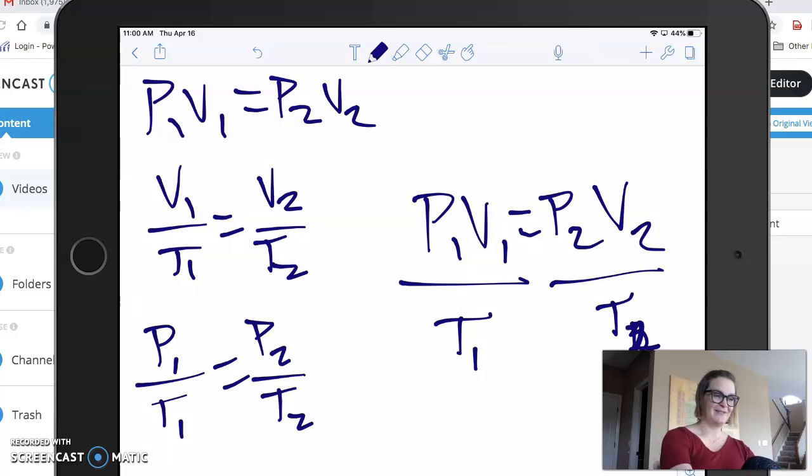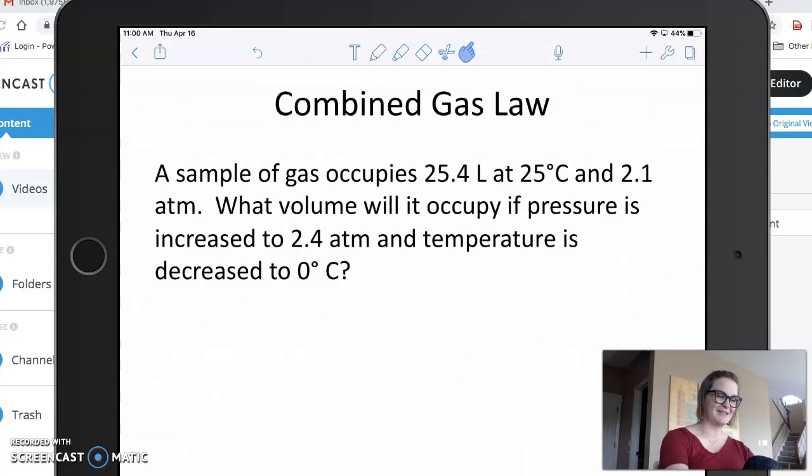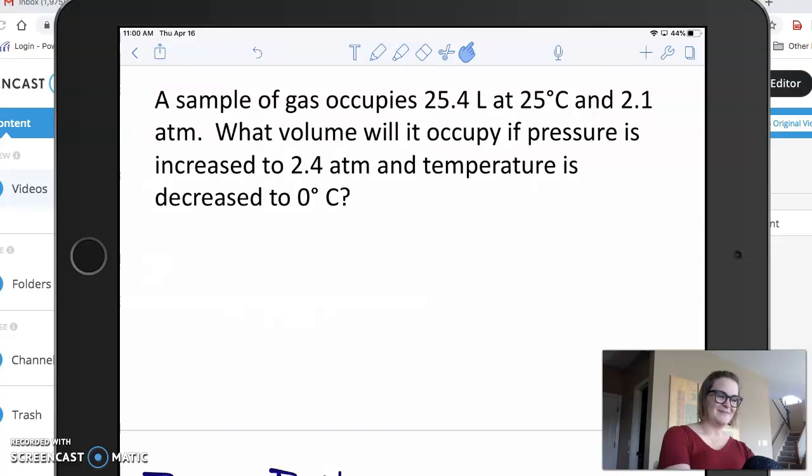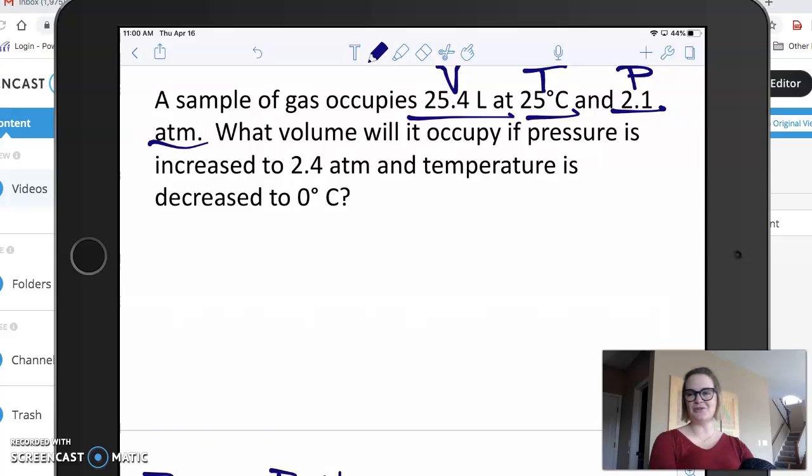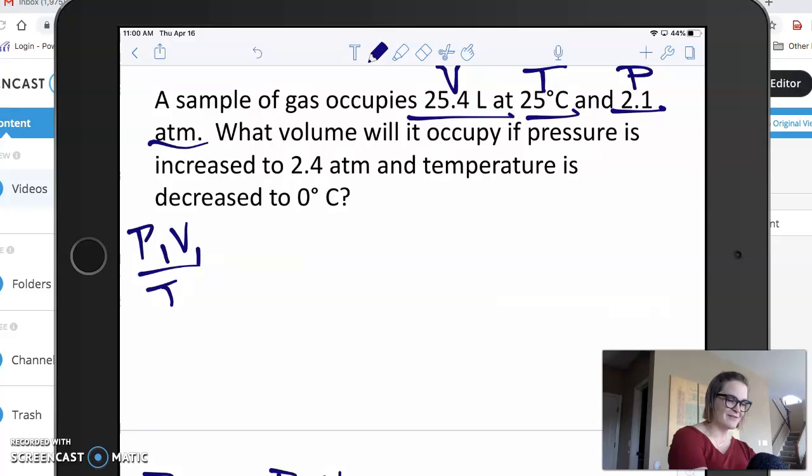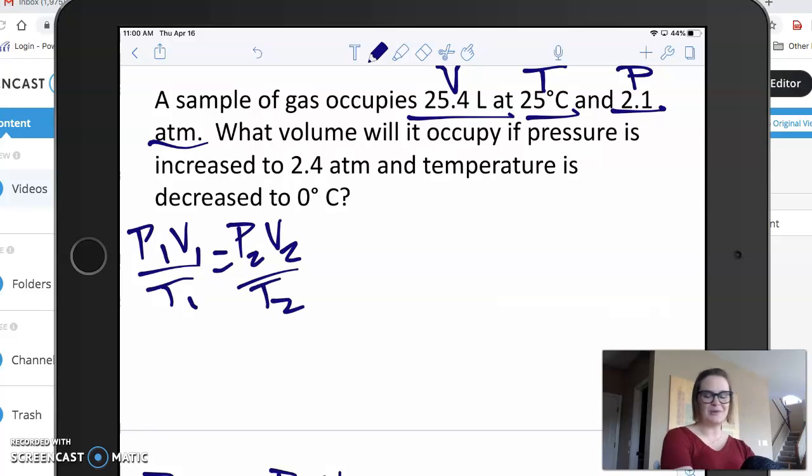All together. Fun. Let's do one last problem. Here we go. I would look at a problem and go, oh, I've got volume. Oh, I've got temp. Oh, atm, that's pressure. I'm going to need an equation that has all three. We're going to use that combined gas law for it. And we simply are just going to plug the variables in.